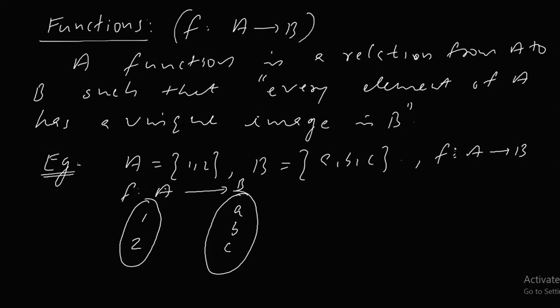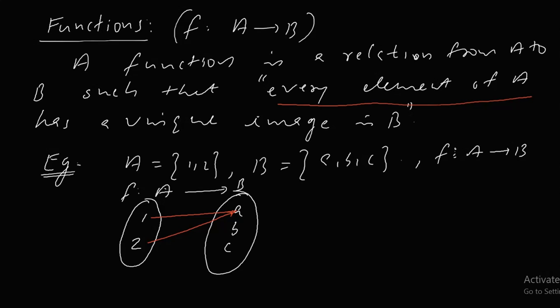The definition says every element of A has a unique image in B. So that means 1 should have an image in B and 2 also should have an image in B. I can map to any one of these, but initially I choose 1 is mapped to a. Now 2 also should have an image, so I take 2 also to be mapped to a.